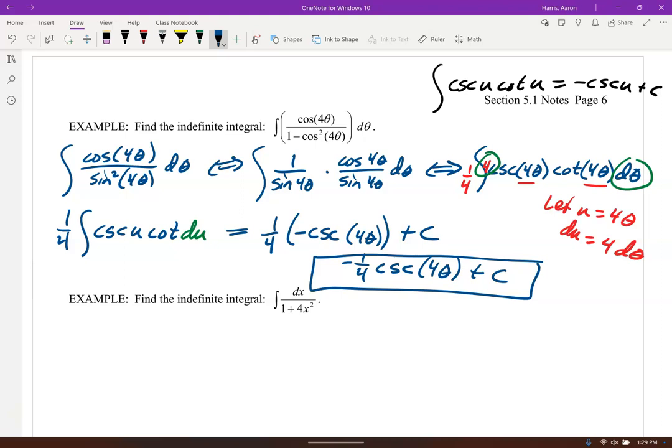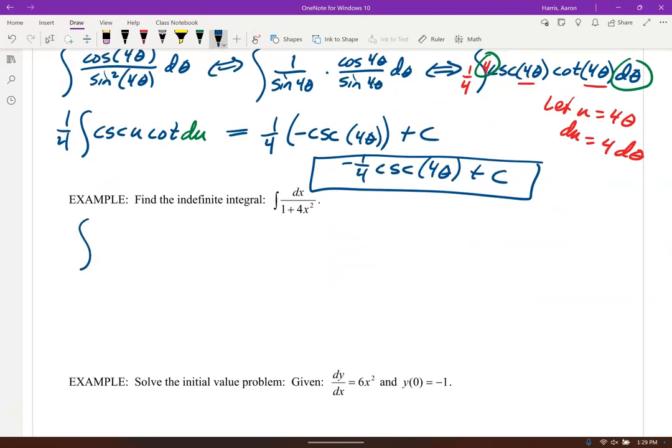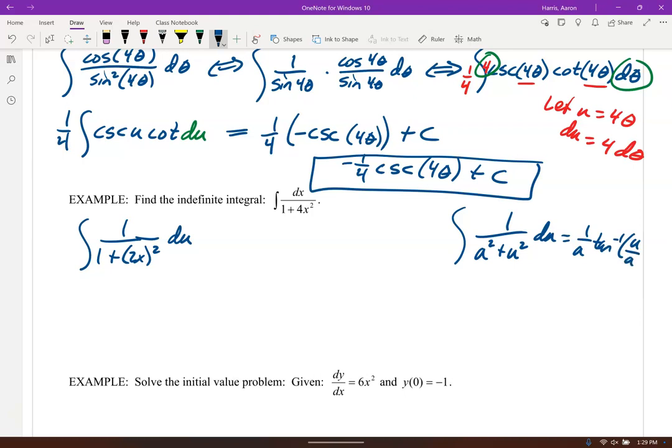Okay. This next one I have the integral of 1 over 1 plus, let me rewrite that as 2x being squared. And so I'm looking on my formula sheet. I'm looking for something like 1 over a squared plus u squared du. And I find on my formula sheet that it is 1 over a arctangent of u over a plus a constant.